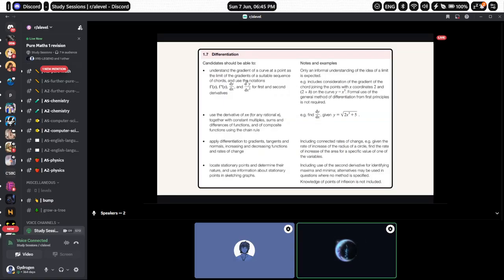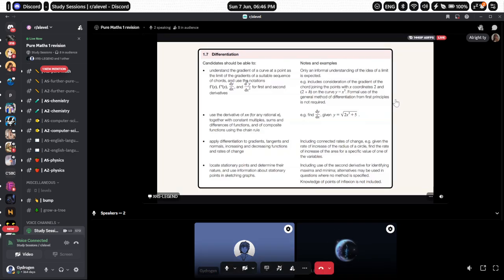And basically you find the gradient at 2, and from there you just see what it would approach. I am not really sure how to explain this verbally.